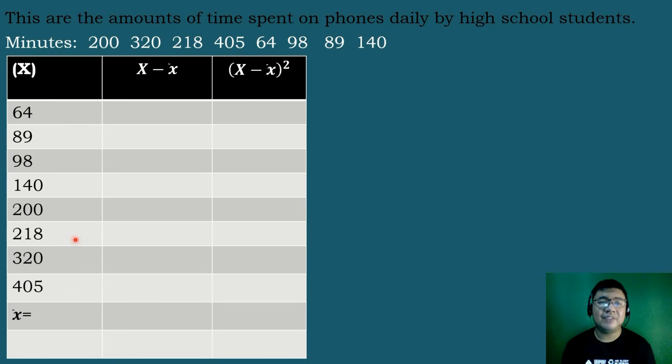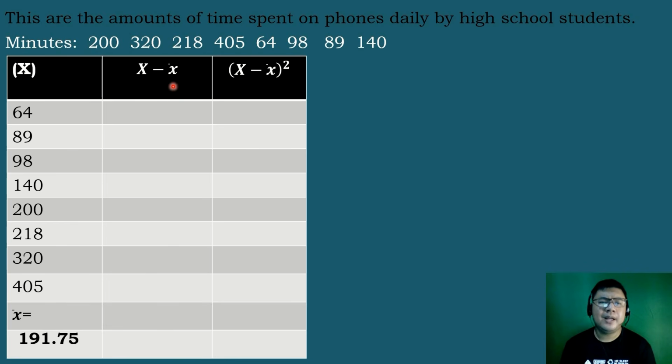Then we will divide it by the total number of data. So we will count the total number of data: 1, 2, 3, 4, 5, 6, 7, 8. So n will be equal to 8. So 1,534 divided by 8 will be equal to 191.75. So this will be the value of the mean or the average score.